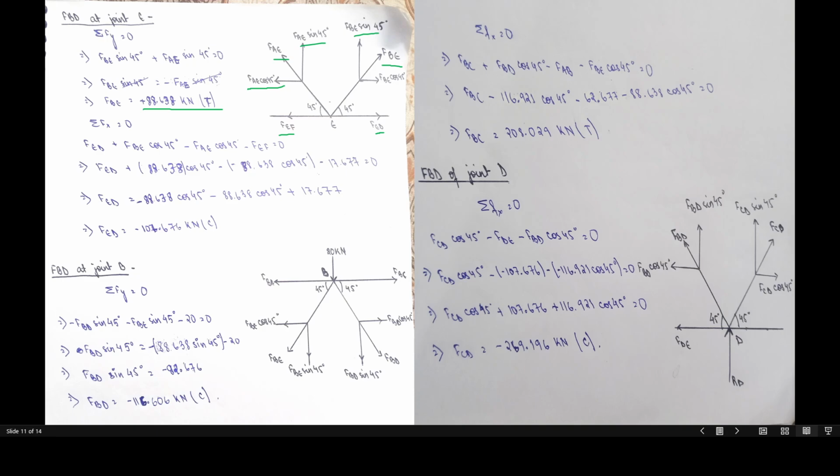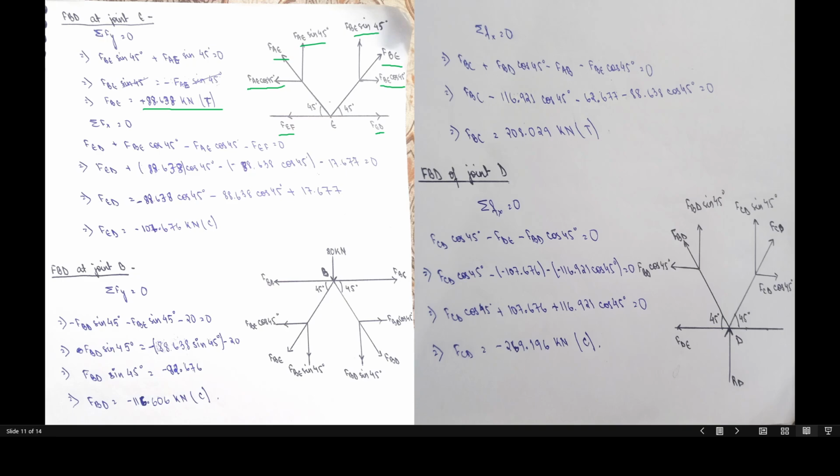Next, we'll solve for horizontal forces. FAE cos 45 degrees and FEF are in the same direction, but it's on the left side, so we'll consider it as negative, and FED and FBE cos 45 as positive forces, so it will be subtracted from one another.